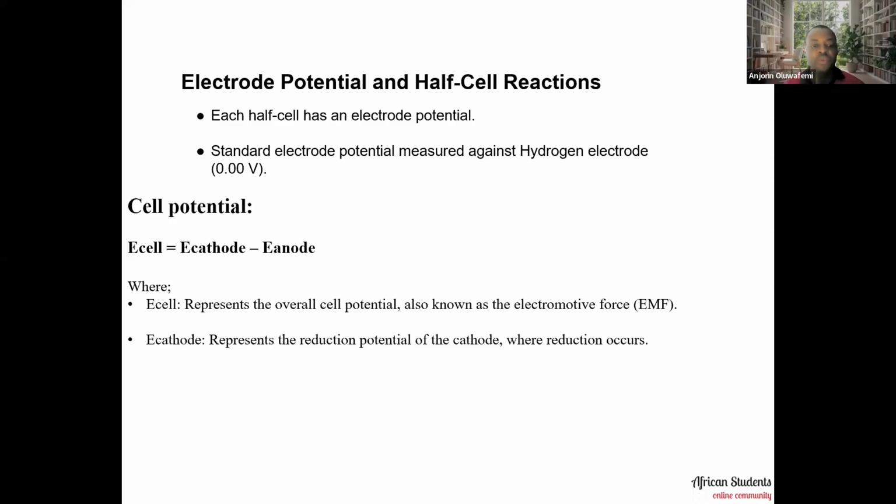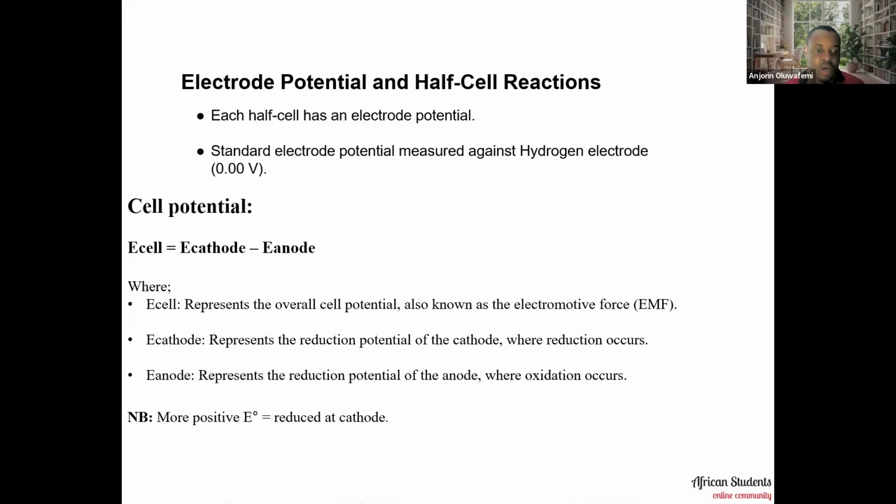E cathode represents the reduction potential of the electrode where reduction occurs. So that's how the cell potential is calculated. E cathode minus E anode. Okay. E anode represents the reduction potential of the anode where oxidation occurs.